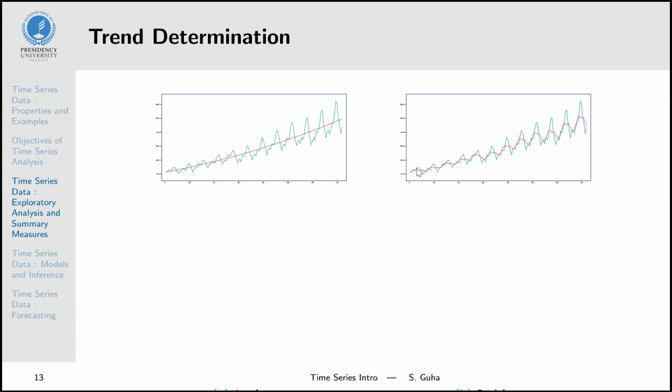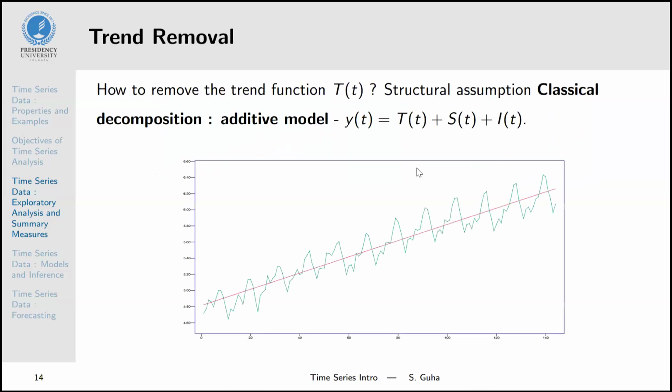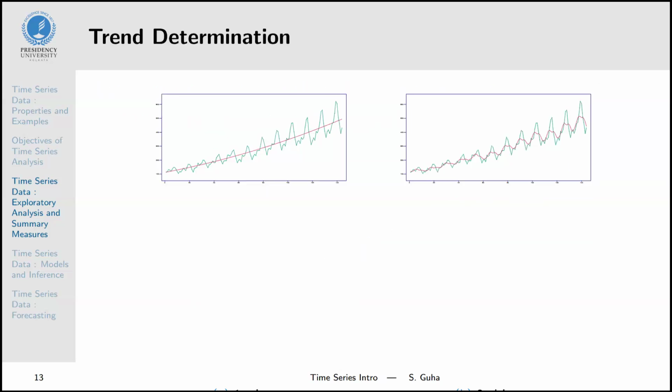So if I understand correctly, in the previous slide the one on the right is the one in which the rolling moving average was taken, and the one on the left is the one in which the mathematical curve method was used, because it is following some kind of a fixed trajectory.